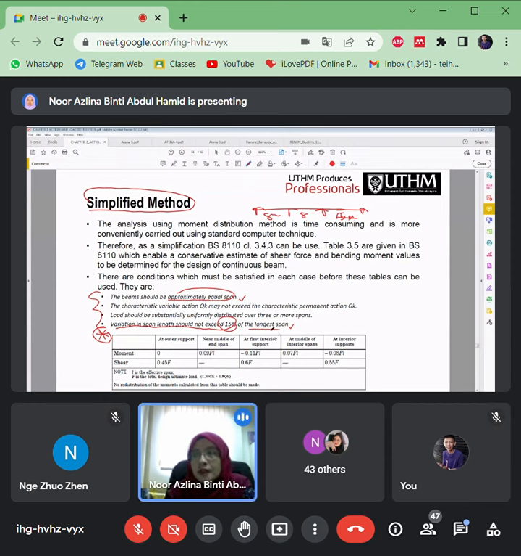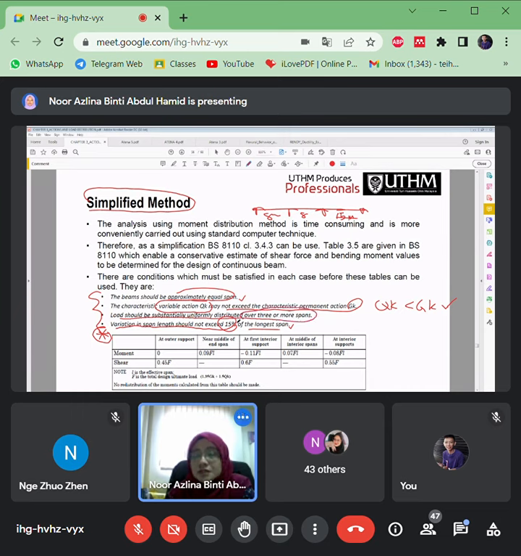Okay, and another one here, the variable action Qk may not exceed Gk. So that means if Qk is less than Gk, you already fulfill the next requirement. Then the last one, the load should be substantially uniformly distributed over 3 or more spans.